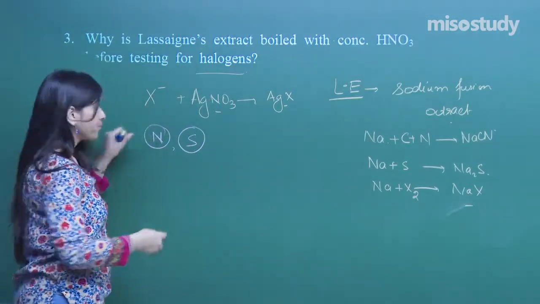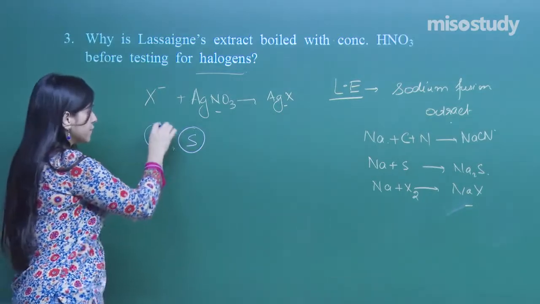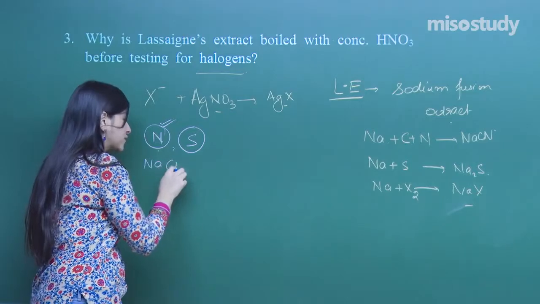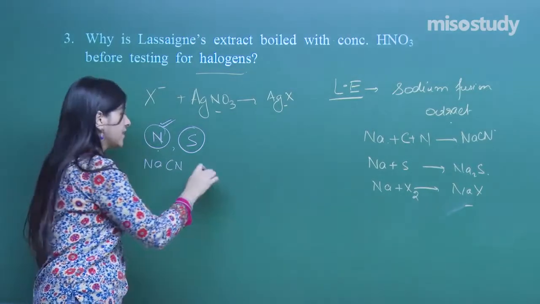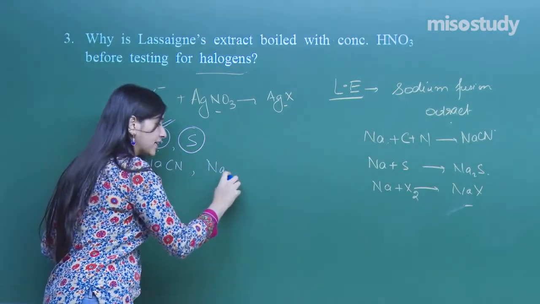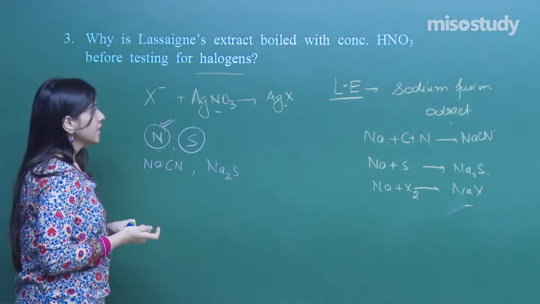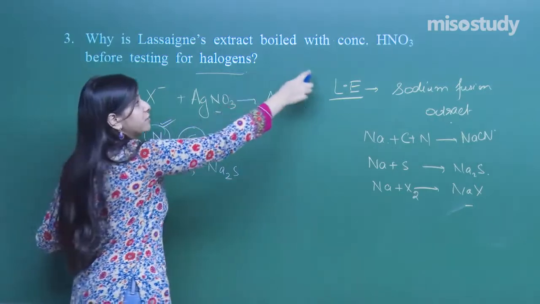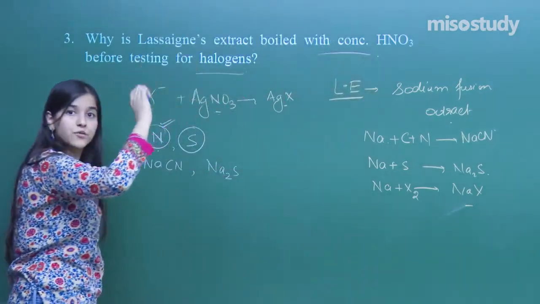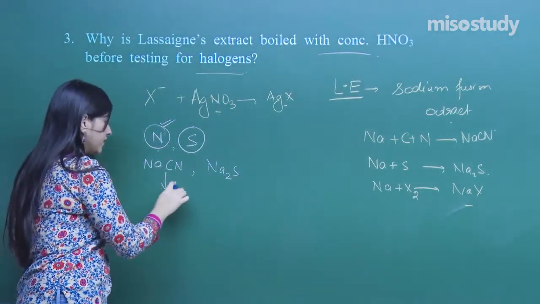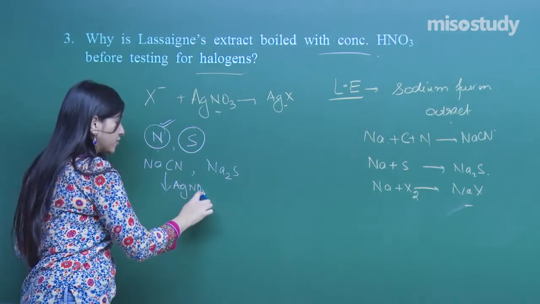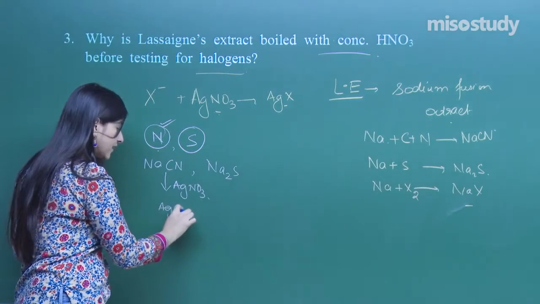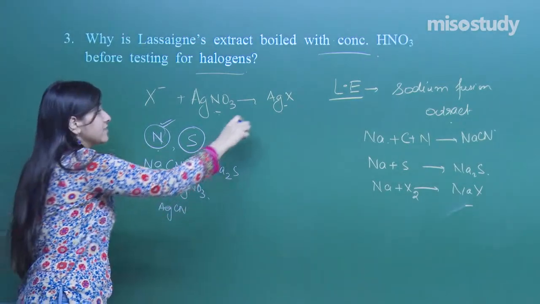How? If nitrogen is present in my Lassaigne extract, definitely LE must be containing NaCN, and LE will also be containing Na2S. So if I directly add AgNO3 before adding concentrated HNO3, it gets converted into AgCN, and I cannot get this particular test.